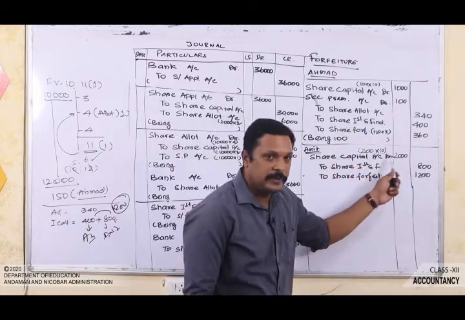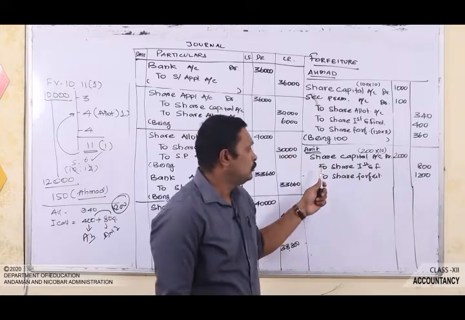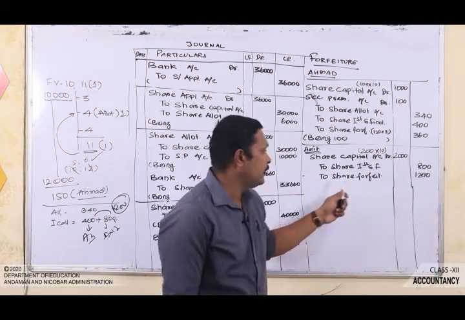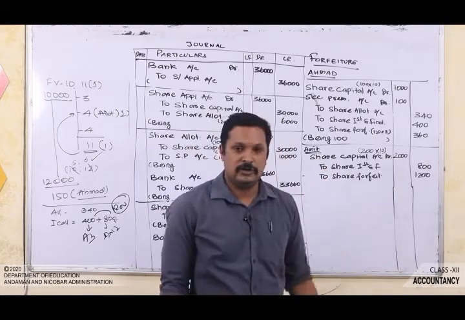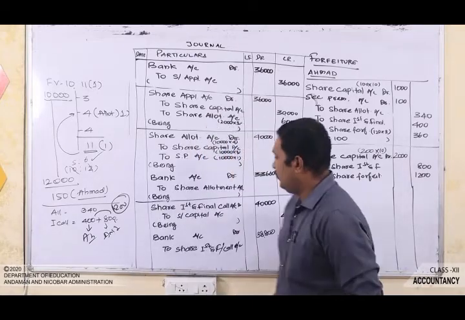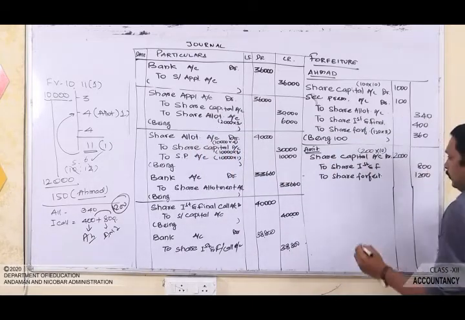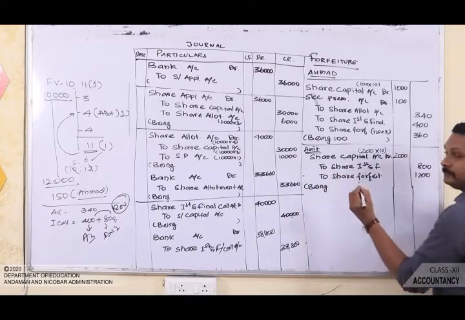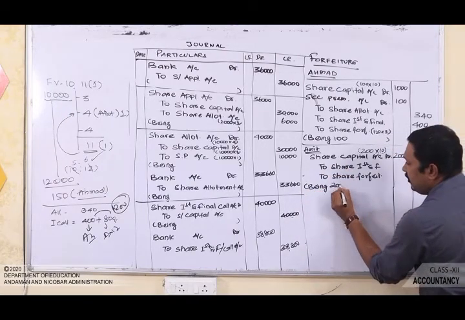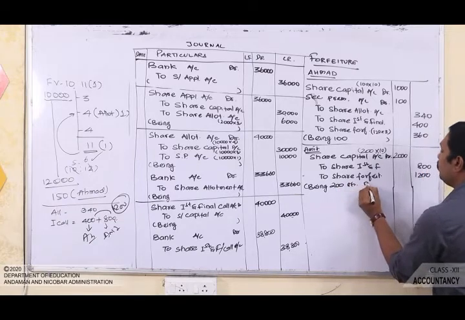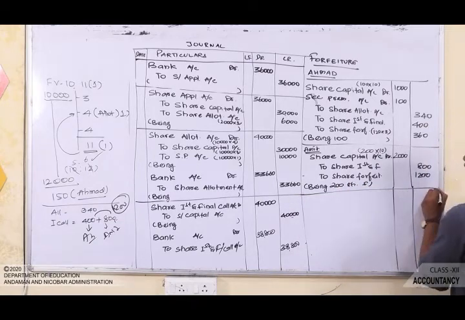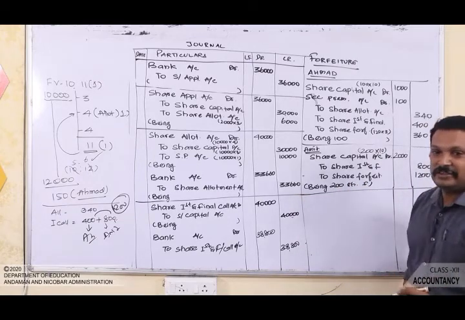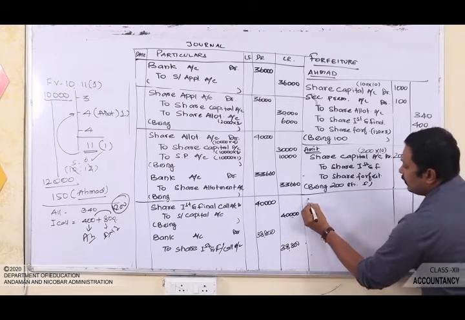Share capital account debit, to share first and final call, to share forfeiture account. Okay. Now, being 200 shares were forfeited. Okay. Now, next entry is reissue.